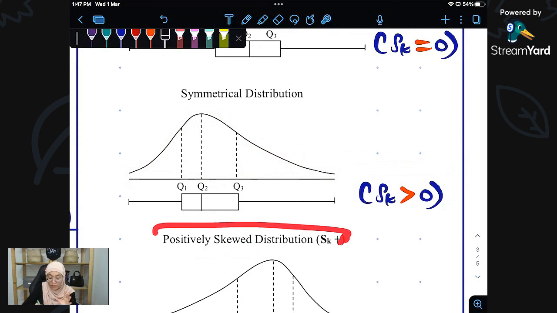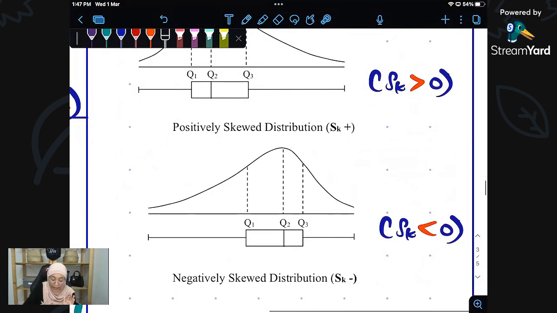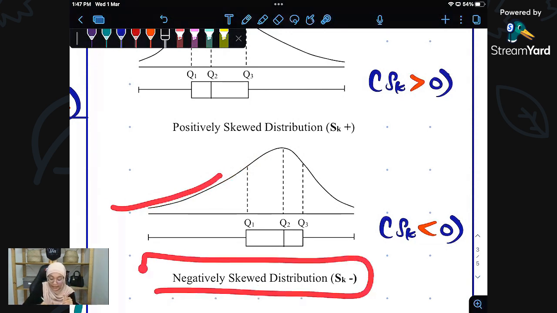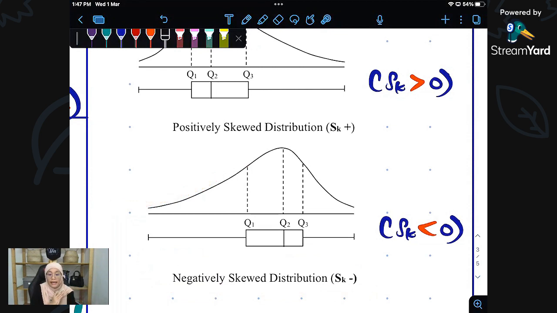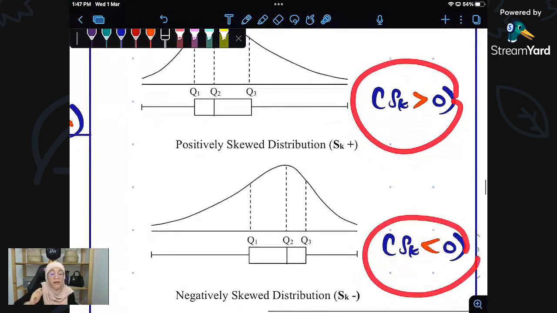Dia berat di belah kanan. Apa maksud positively skewed distribution? Tetapi kalau you nampak data dia berat ke arah kiri, dia macam constantly going to the left, maksudnya dia berat ke kiri, bermaksud kita panggil dia negatively skewed. And so the skewness will be less than 0. So these two things you got to remember a bit lah.